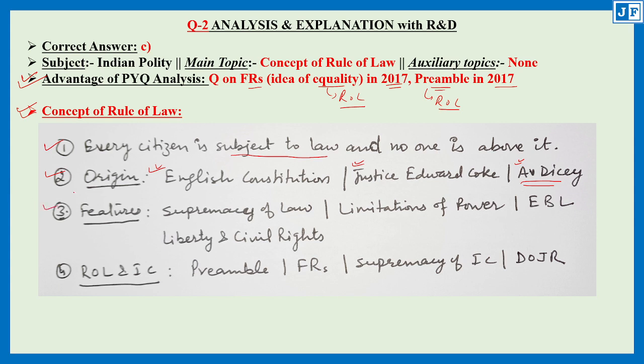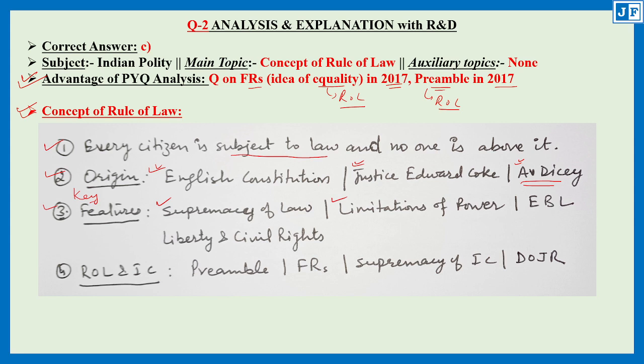Some of the key features of rule of law are: number 1, supremacy of law. That is, law is supreme over all people. Law has to be followed. All are under the law. And that's why there are limitations of power. What does it mean?